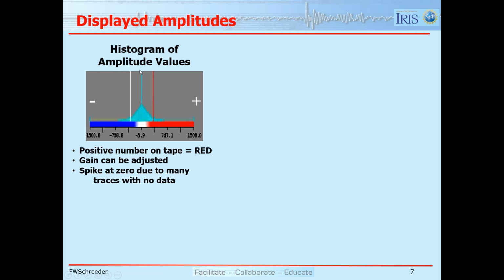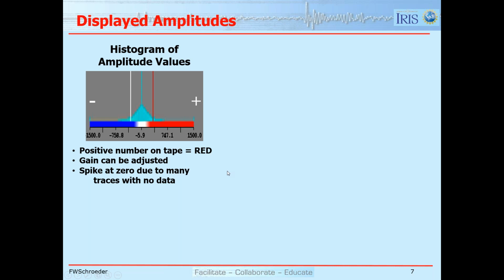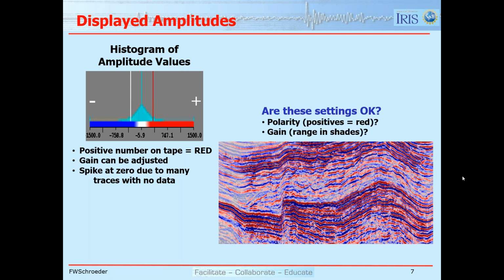And there's a lot of data points. The aqua is the data density, so the y-axis would be number of samples. There's a lot of zeros, and that's because if I go back a slide, there's no data here, and there's no data here. So all those trace locations would have 0 for the amplitude histogram.